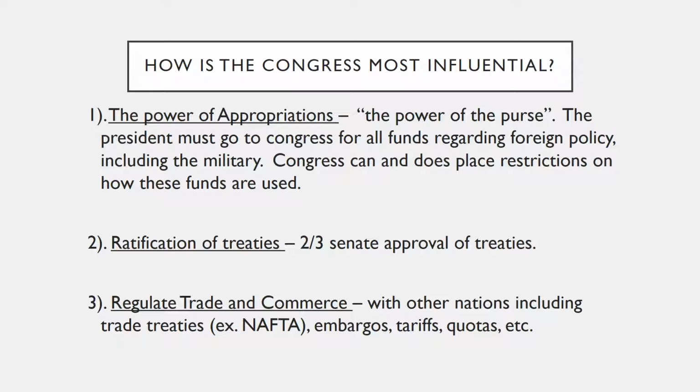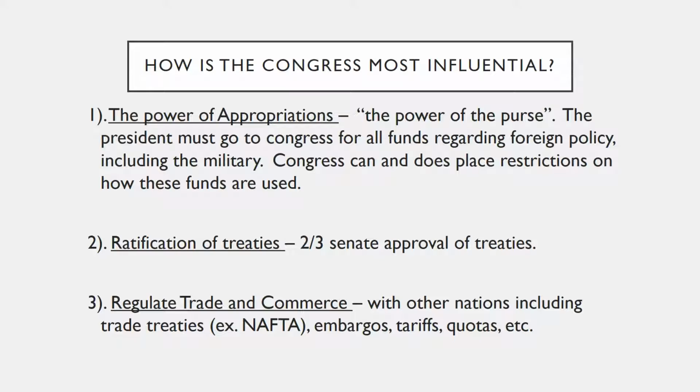So let's look at these in a general sense. One of the key ones that we're going to be talking about in the next lecture is the power of appropriations. This is Congress's budgetary powers. There, in the language of the Constitution we just saw, it's the Congress's duty to raise revenue, to lay taxes and collect them.